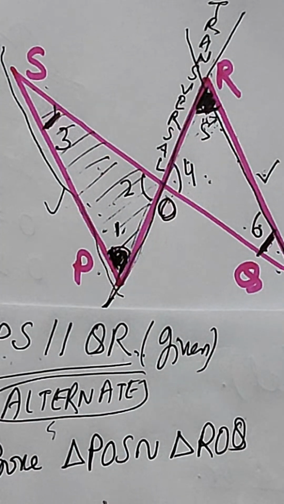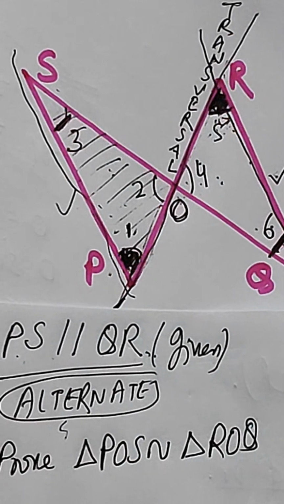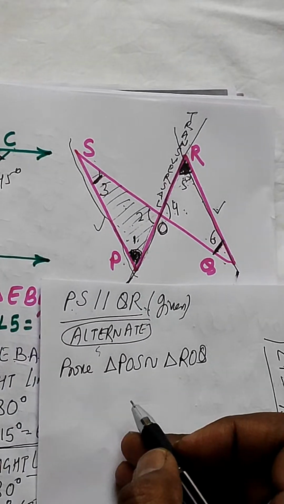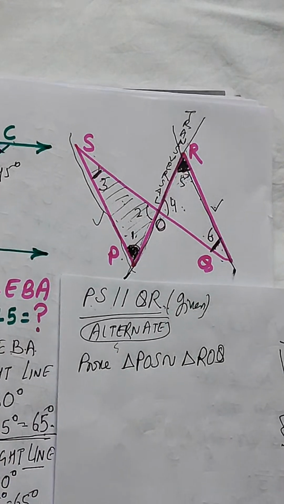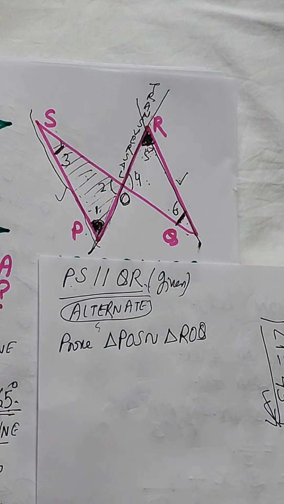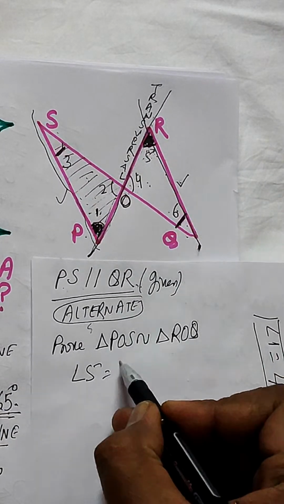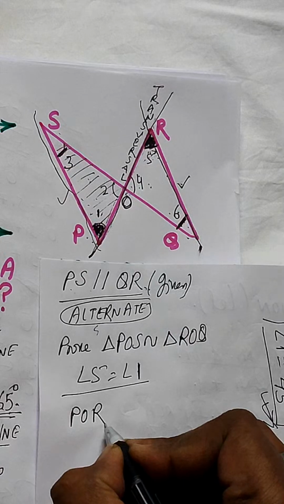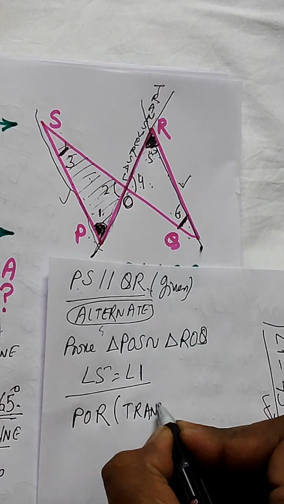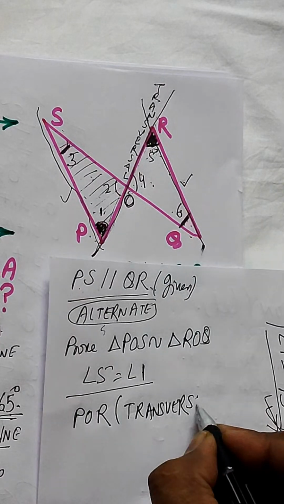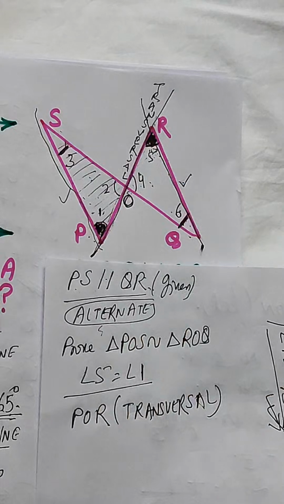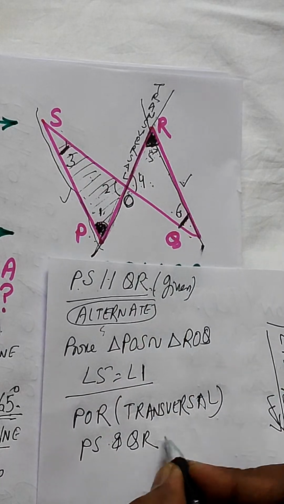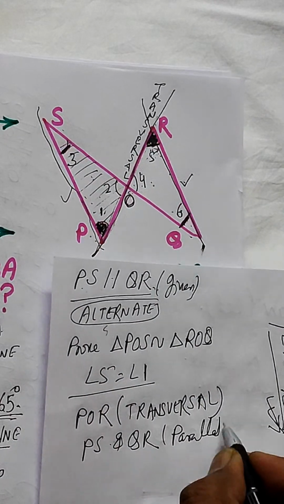So we can say that angle 5 is equal to angle 1, because POR is a transversal to the given parallel lines PS and QR, which are parallel to each other, right?